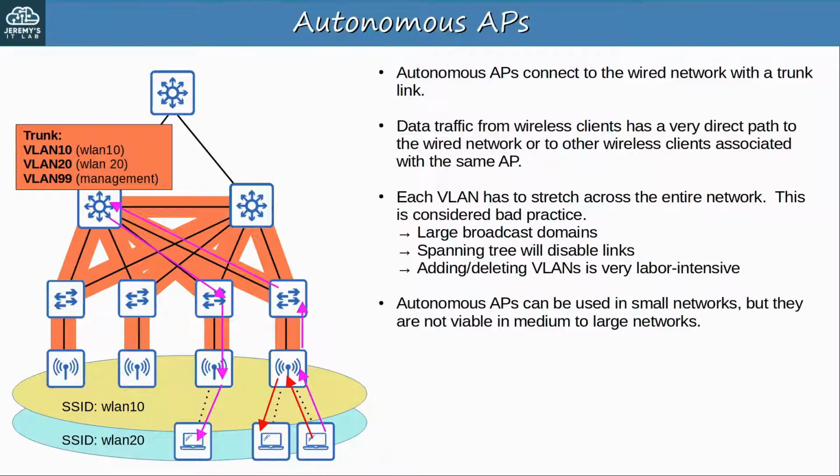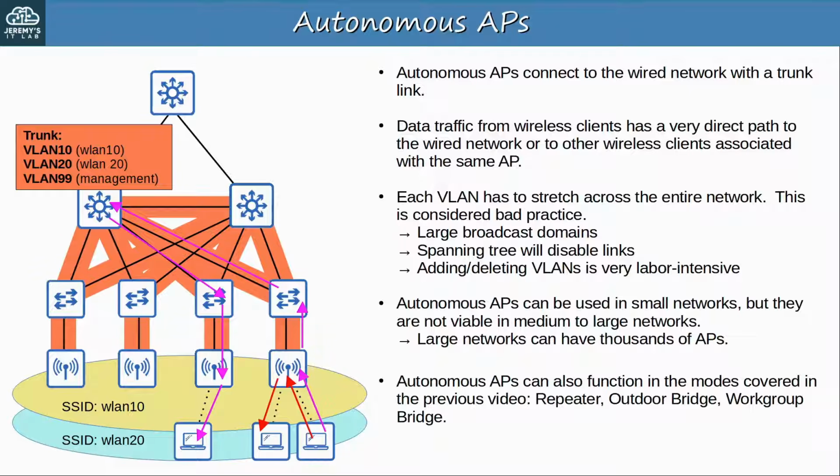So, to summarize, autonomous APs can be used in small networks, but they are not viable in medium to large networks. A large network can have thousands of APs, and configuring and managing each of those APs one by one is not realistic. Finally, remember that autonomous APs can also function in the modes covered in the previous video: repeater, outdoor bridge, or workgroup bridge.